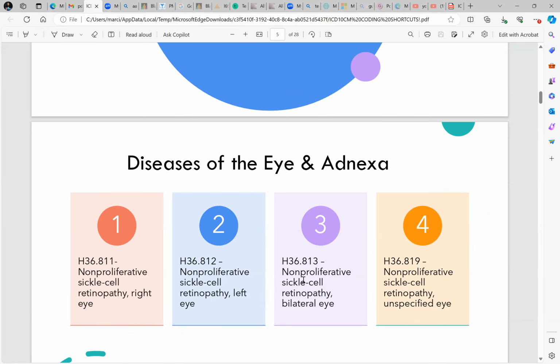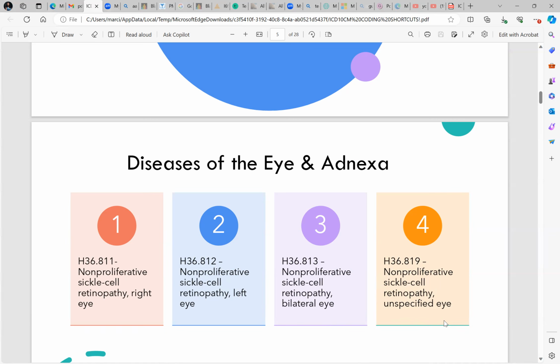H36.813, non-proliferative sickle cell retinopathy, bilateral eye. H36.819, non-proliferative sickle cell retinopathy, unspecified eye. I wanted to show you this trend when it comes to the eyes, the ears, and the breast when we're talking about neoplasm.